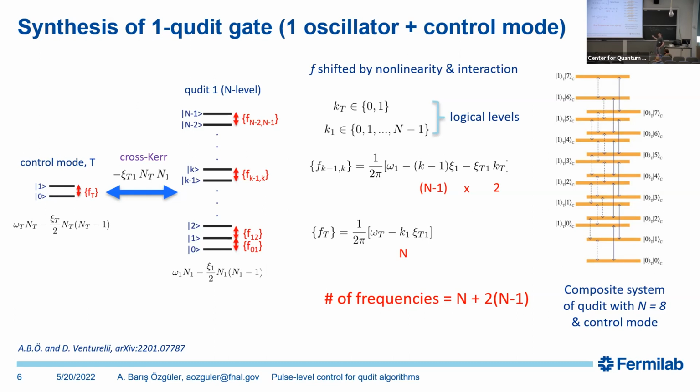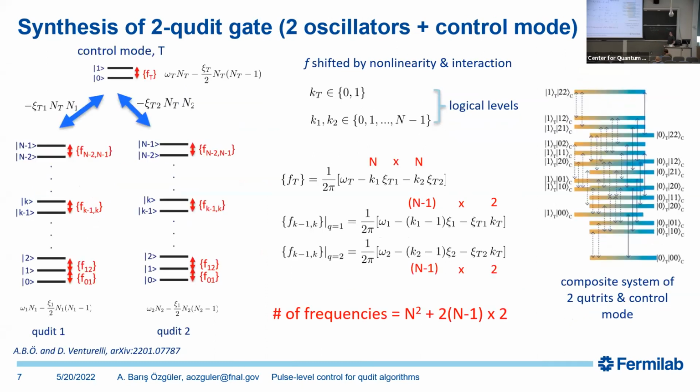The continuous line corresponds to the transmon changing its occupation while the cavity stays the same. So this is how resonance frequencies work. You just need to identify the set of frequencies to be able to synthesize your unitary.